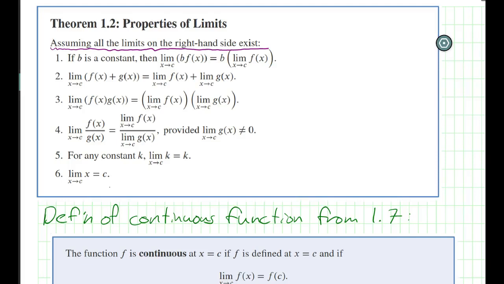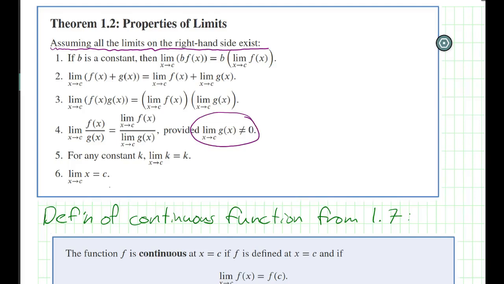And if you know that the two limits of f of x and g of x exist as x approaches a number, then if you want to add those two functions together to make a new function, that limit also exists, and it's equal to the sum. Now, 4 is the one that people mess up the most. The problem is that it only applies when g of x is not approaching 0.